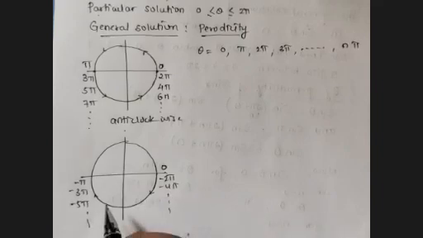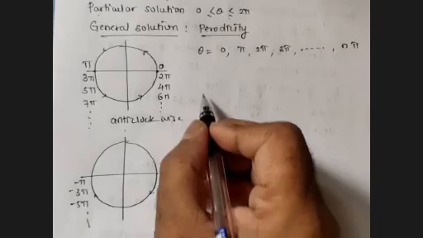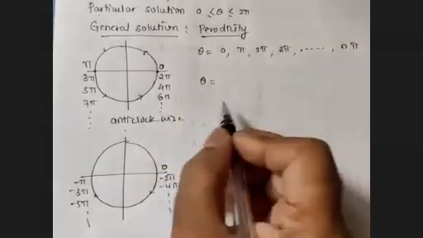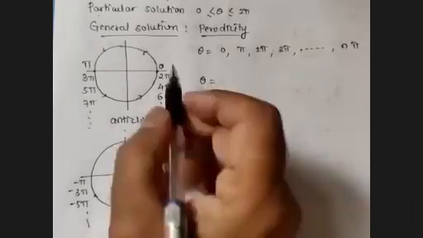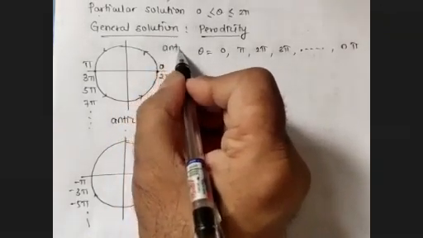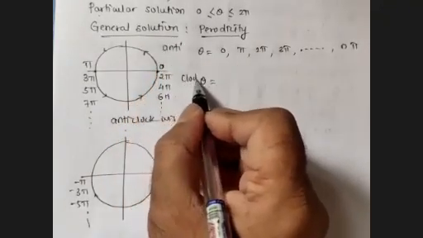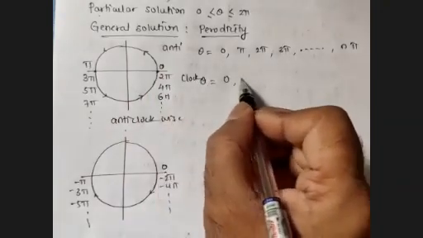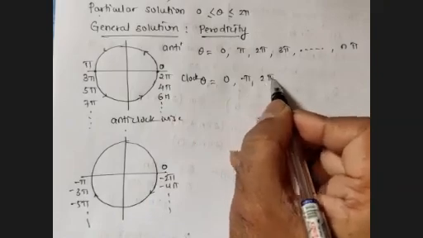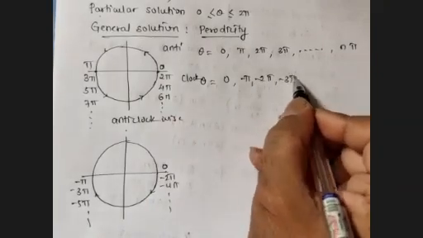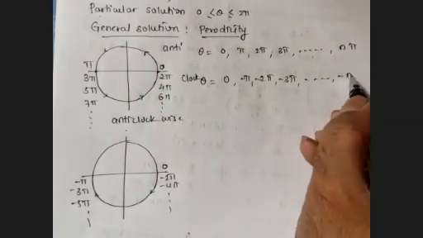So that means again the theta value by the case 2, this is anti-clockwise direction, this is clockwise direction. Here the theta will be 0, minus pi, minus 2 pi, minus 3 pi, and so on, minus n pi.